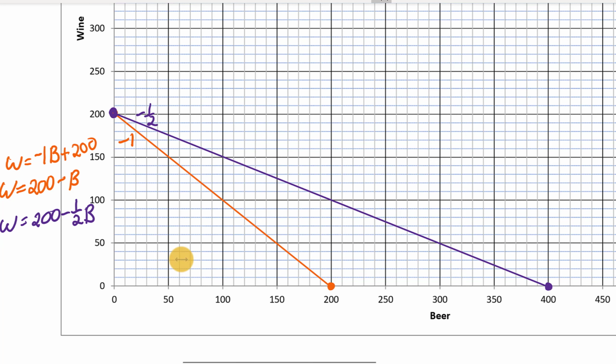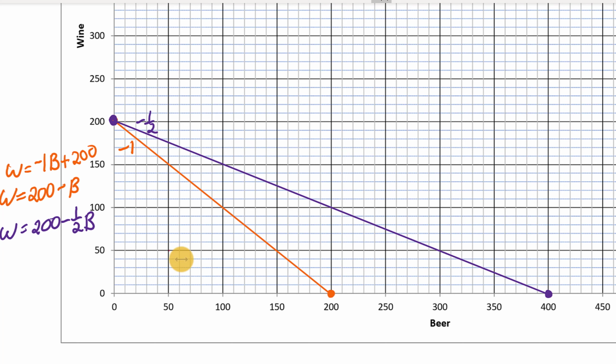So we just want to draw through all these points where beer and wine amounts are equal, and that will help us visually see what these countries are going to want to do and what they're capable of doing. All right, so this pink line represents the preferences.